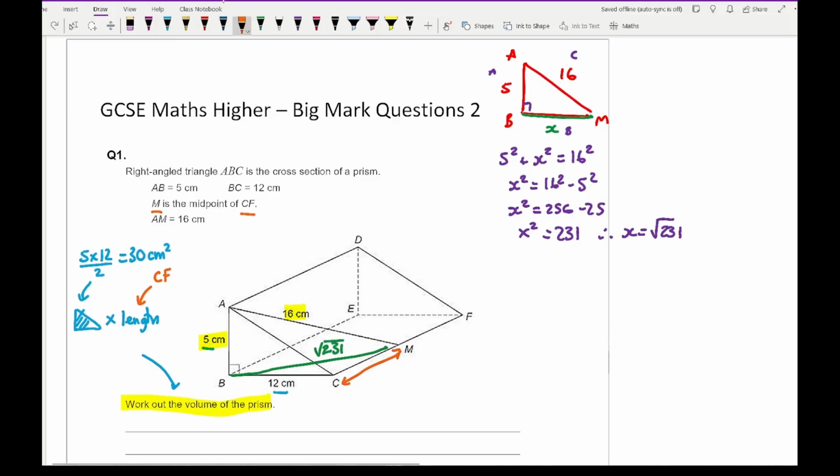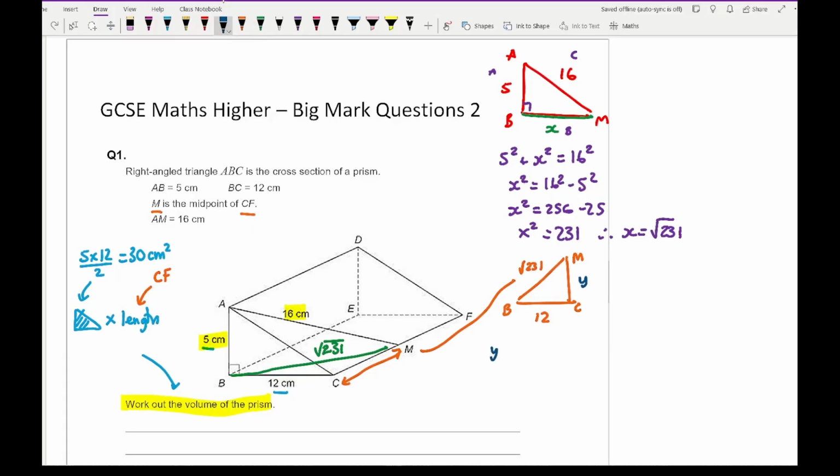Then to work out the next triangle, so if I take this triangle out here and I just draw that as a triangle, so this is C, so that's CM, and that point there is going to be B. I now know that this length here is root 231 and the base of that triangle BC is 12, and so if I just call the side MC y, I use Pythagoras again.